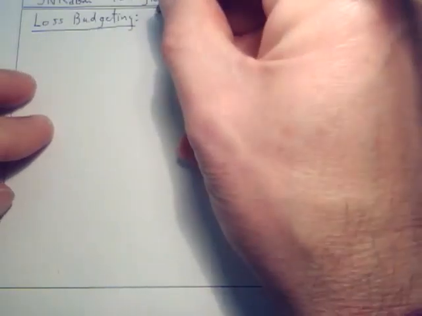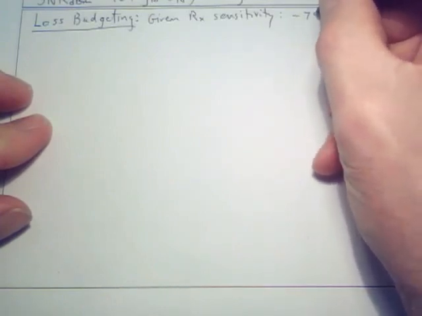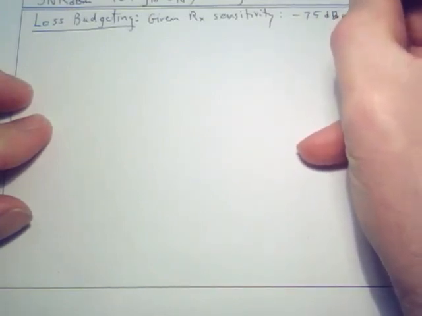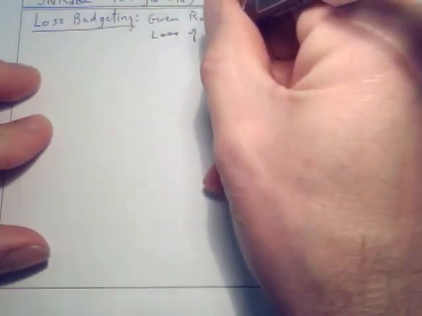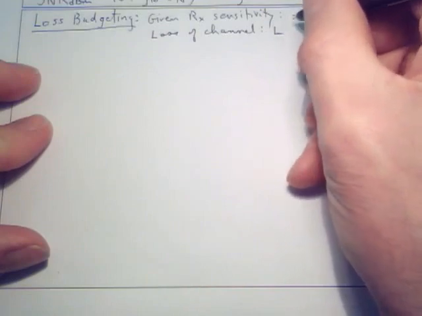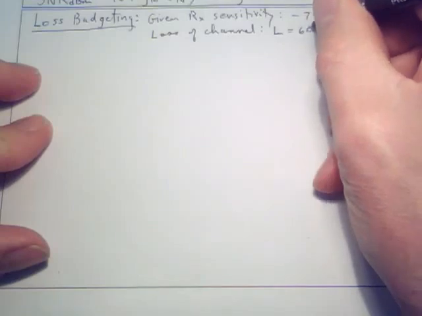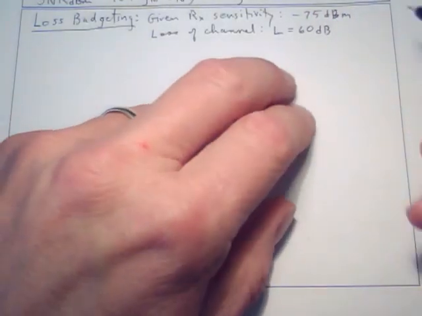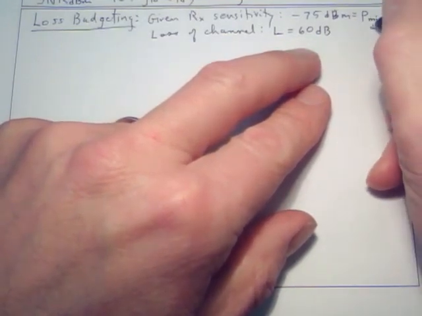Basically, in this problem, let's suppose that we're given the receiver sensitivity is minus 75 dBm, and that the loss of the channel is given as L is say 60 dB, and we can label the receiver sensitivity as P min in dB units.